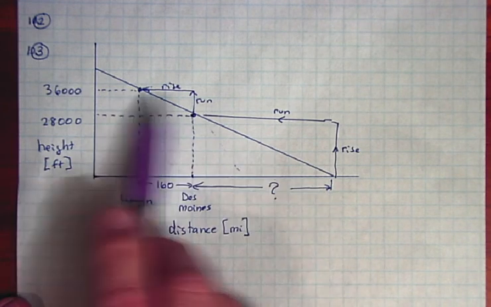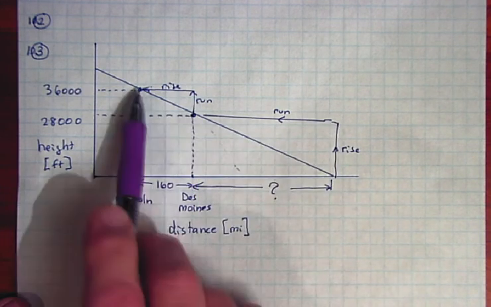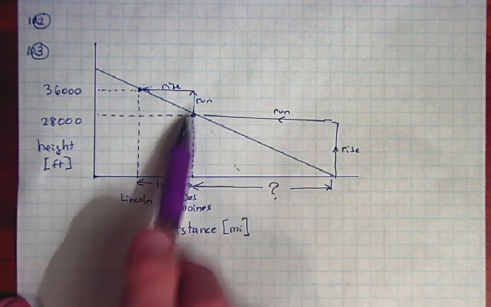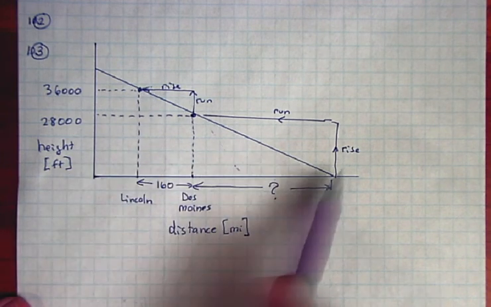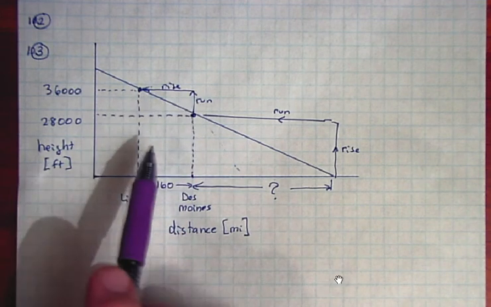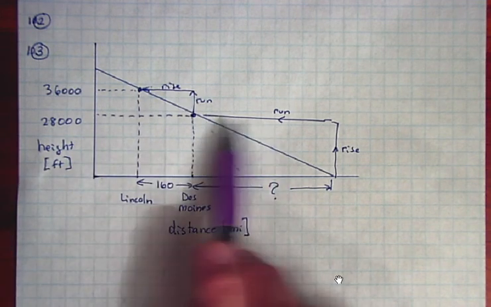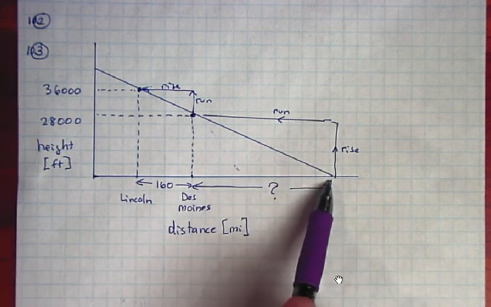And notice that the slope is a constant rate, the rise over the run. In fact, these are two similar triangles. If you were to write a proportion, which is an equation of two ratios, you should be able to relatively easily solve for the distance from Des Moines to the city where he lands.